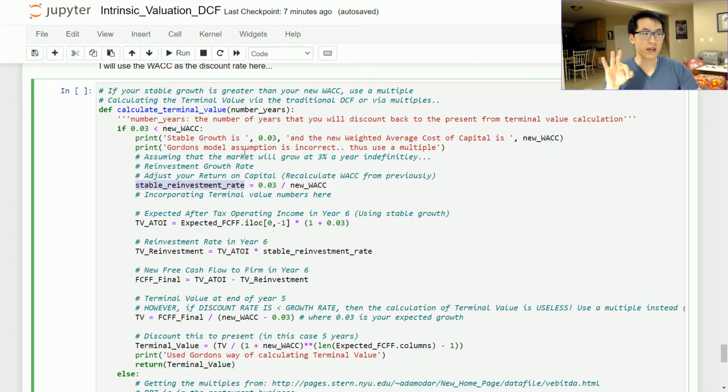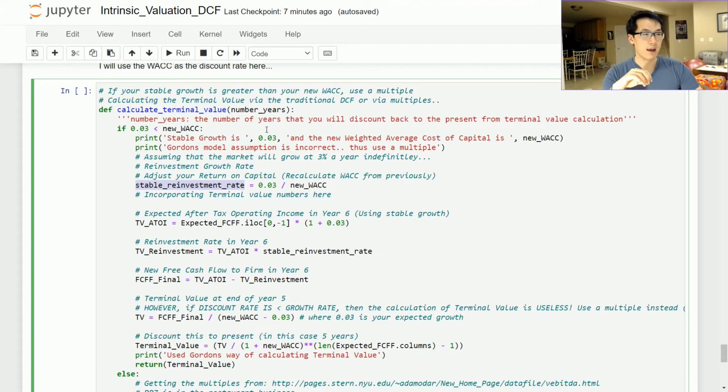The reason why I chose 3% is because over time, historically, the overall United States economy has been growing about 3% a year. There are of course some fluctuations year in, year out, but if you take the average, it's very close to that value. So that is why I assume that the stable growth of the entire economy will be around 3%.